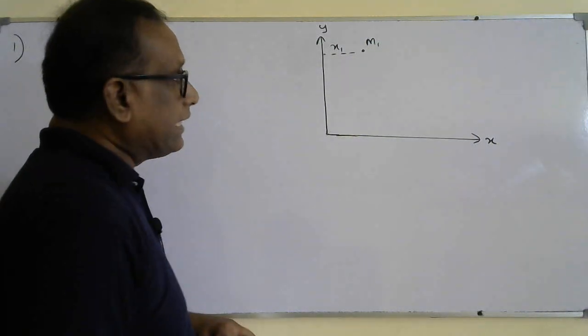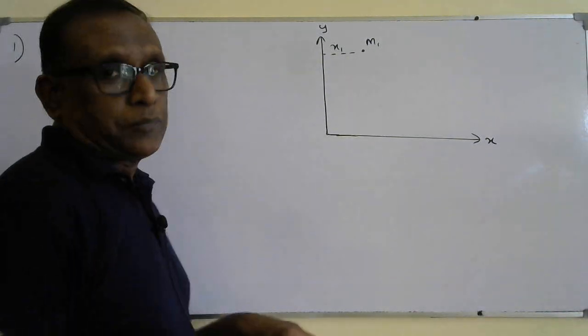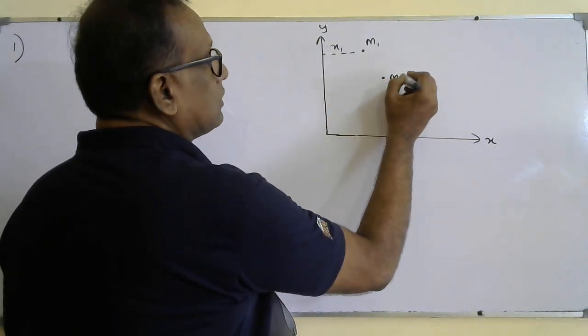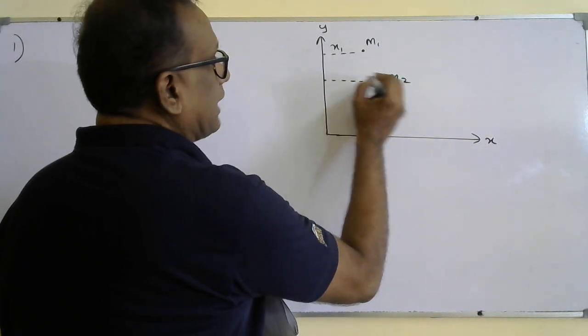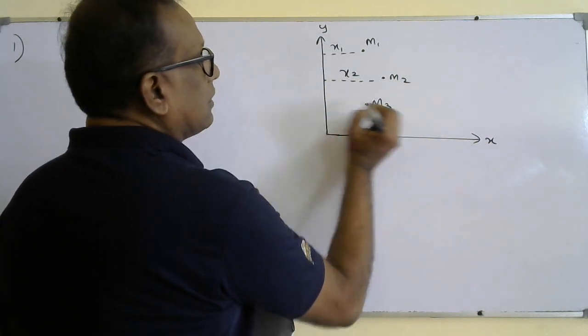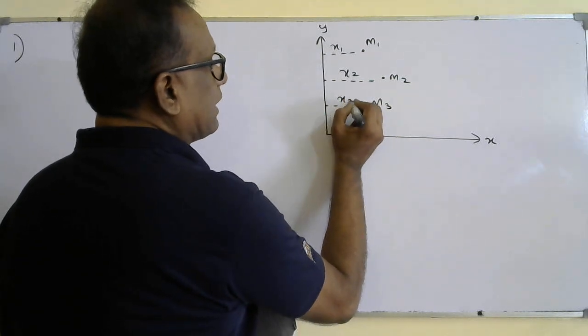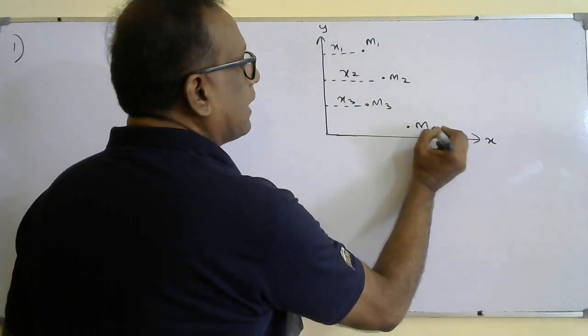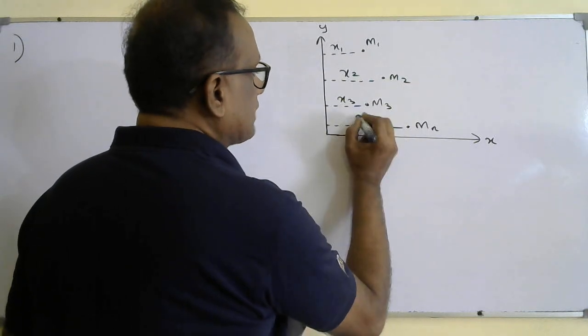So the x coordinate of the point mass m1 is x1. There's another particle m2, its x coordinate x2. There is m3, its x coordinate x3. There are n particles, so the nth particle has mass mn, and its x coordinate is xn.